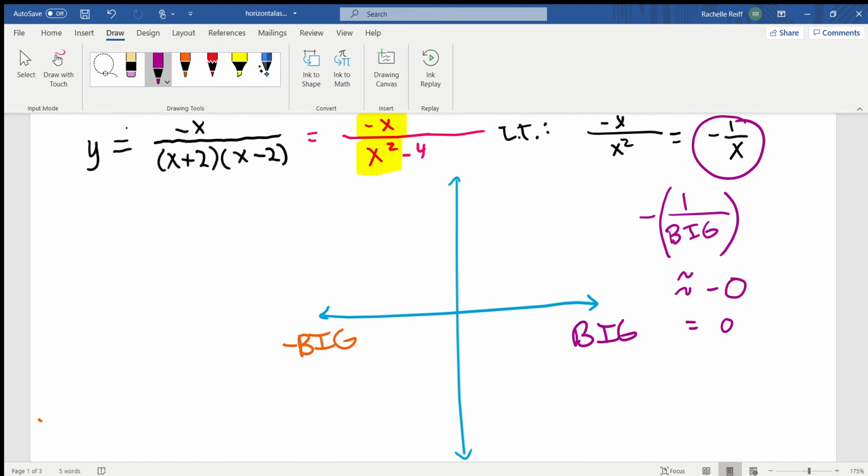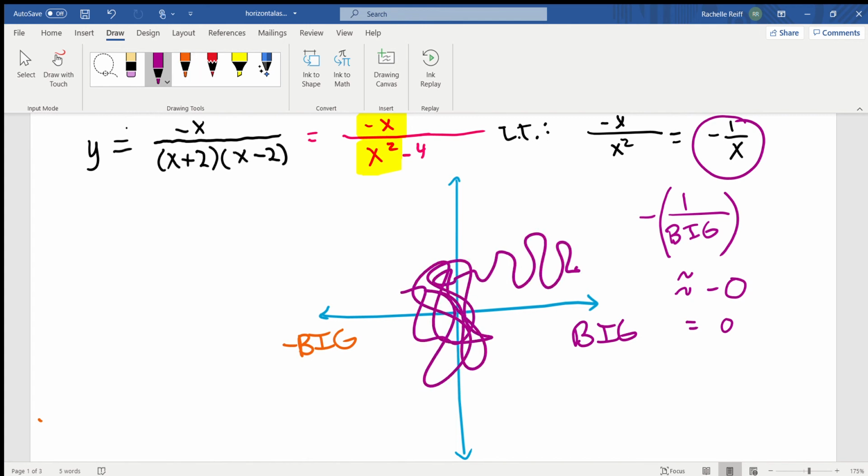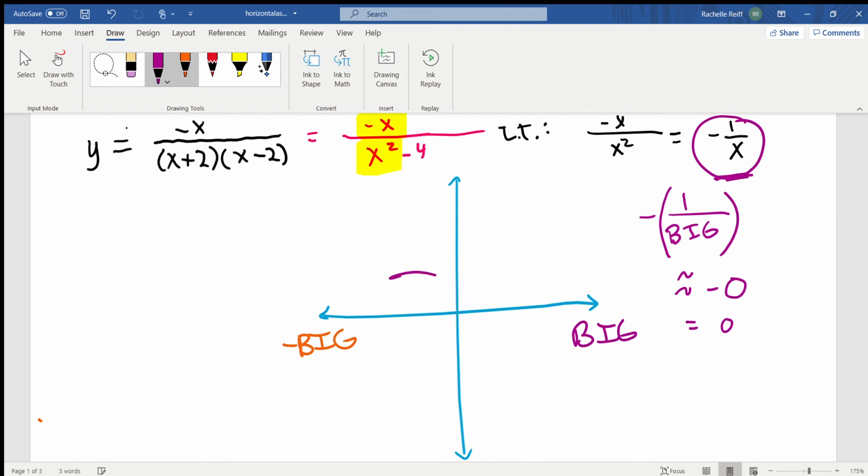So eventually it'll look like this function with big numbers, and this function with big numbers is just 0. So eventually it'll get super, super close to 0. Okay, so that's what it's going to look like on the right side. I don't know what it is in the middle, but eventually it's going to reach the right side.